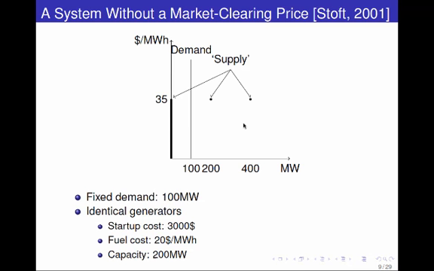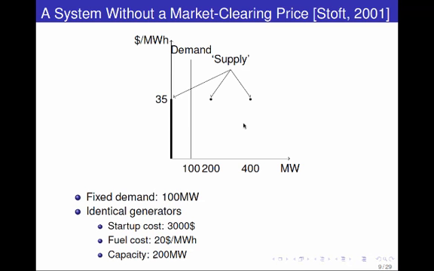So basically, the only conclusion you can make from this argument is that truthful bidding is not an optimal strategy for generators in the system. So this mechanism that I just described won't induce generators to say the truth.